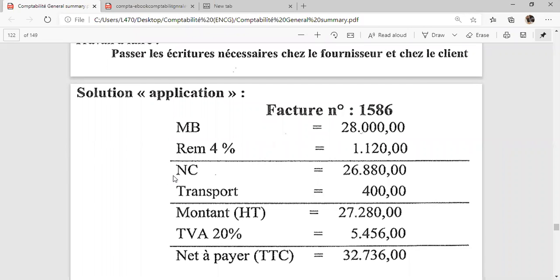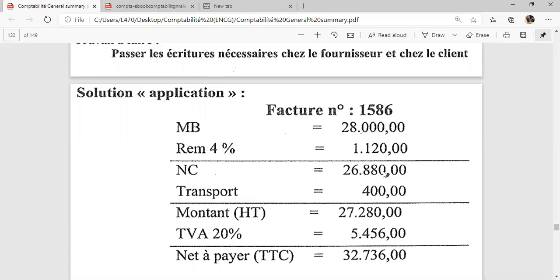So here, if you are able to remember the previous example, when we found the net commercial, we had to find 20% of the net commercial. But in this case, they're all charged at a figure of 20%. So we'll not have to find that distinction between the two. So we have net commercial 26,880, and we have transport 400.